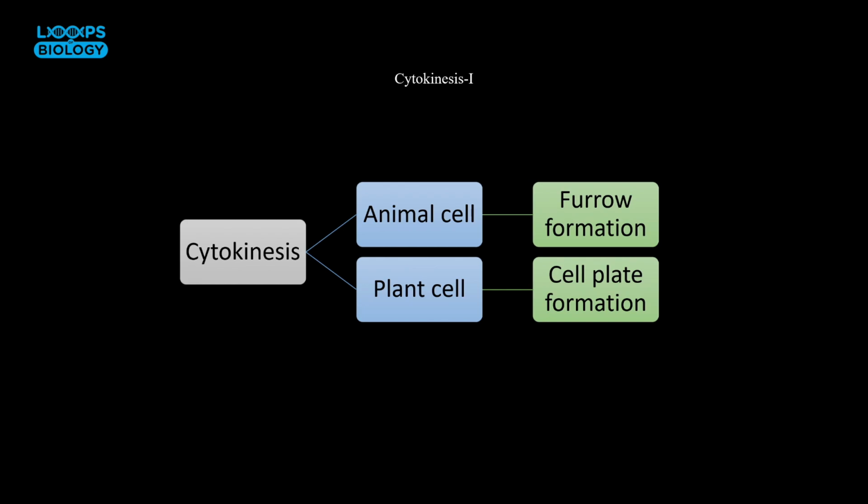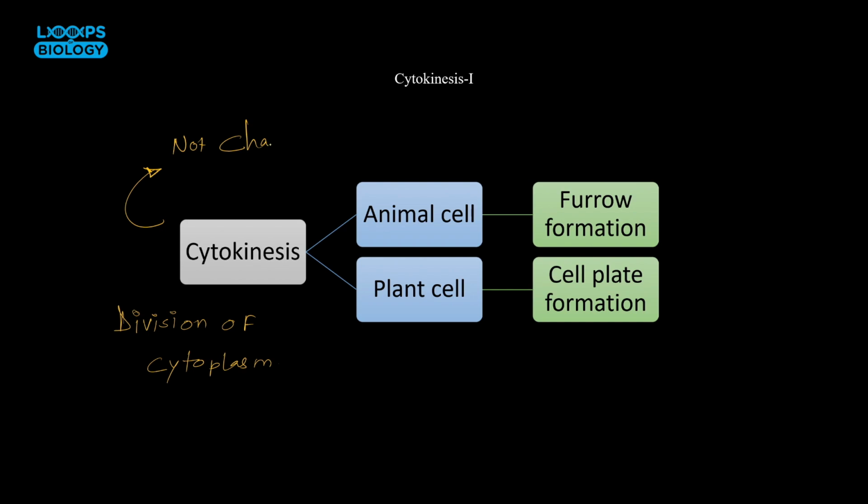As soon as I have divided my nucleus, the only process taking place is cytokinesis, that is nothing but division of cytoplasm. Now it is again similar. Division of cytoplasm is exactly similar to that of mitosis. Cytokinesis does not change according to the type of cell division, either mitosis or meiosis.